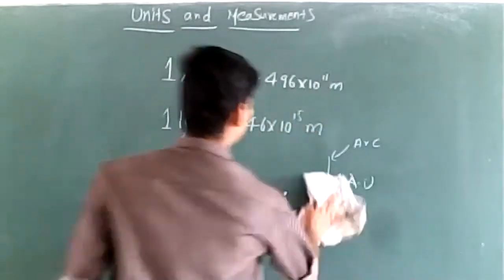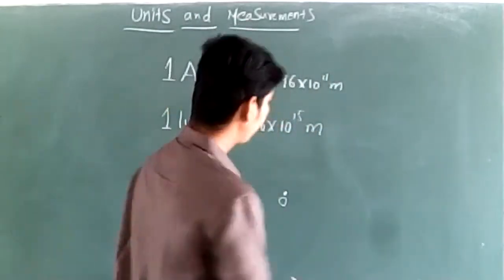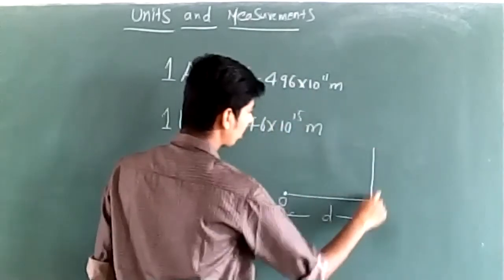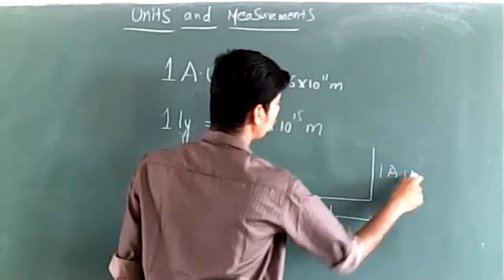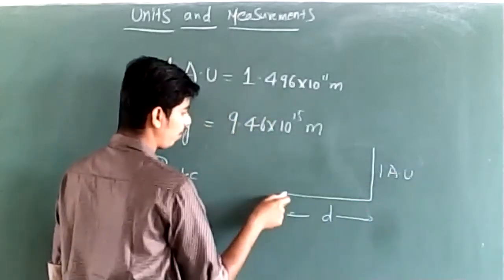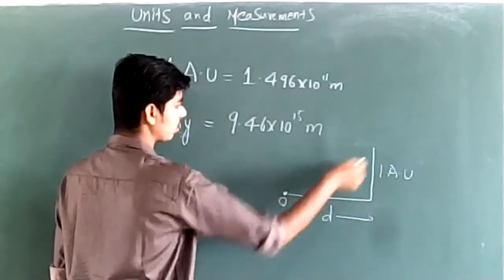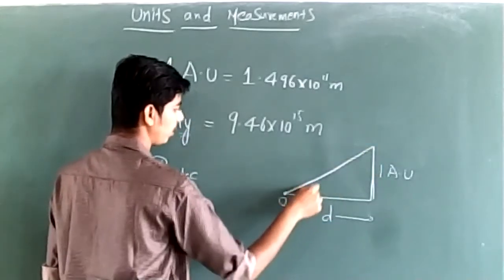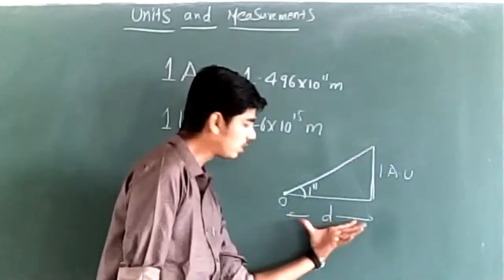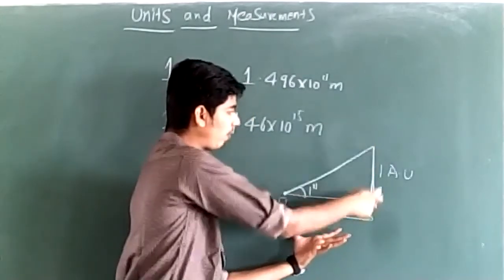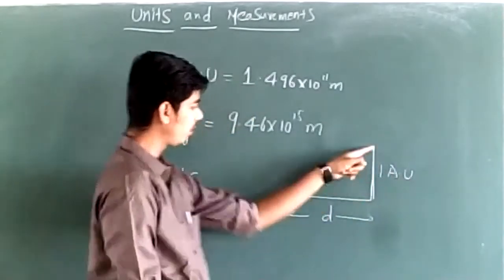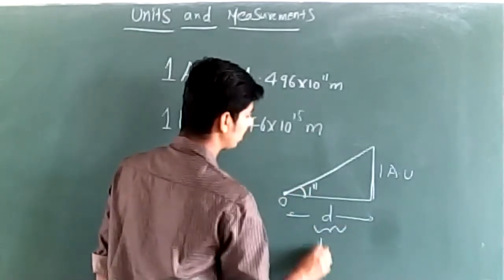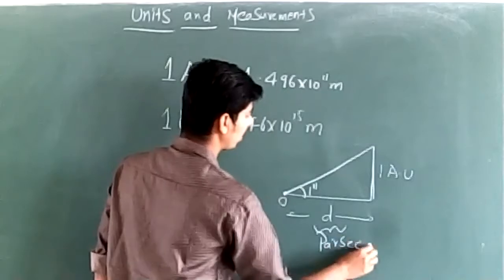So I place this arc at a certain distance d from this point O, and at this distance the arc will subtend an angle of 1 second at this point. Then this distance, at which an arc of length 1 astronomical unit subtends an angle of 1 second, is called 1 parsec.